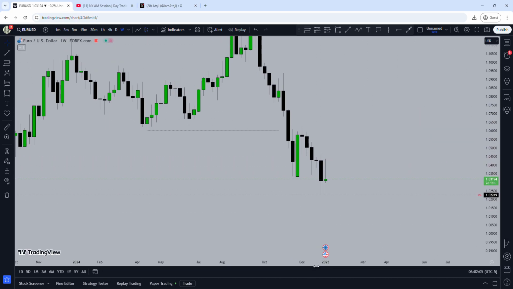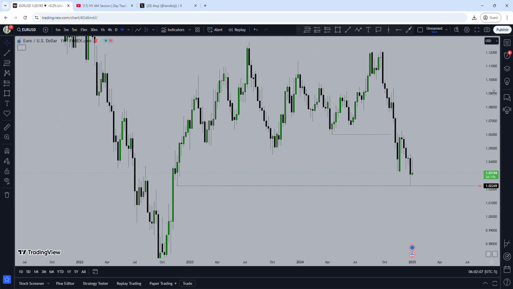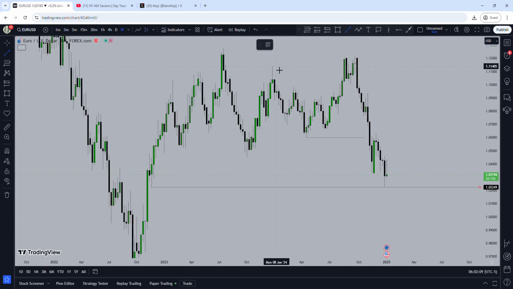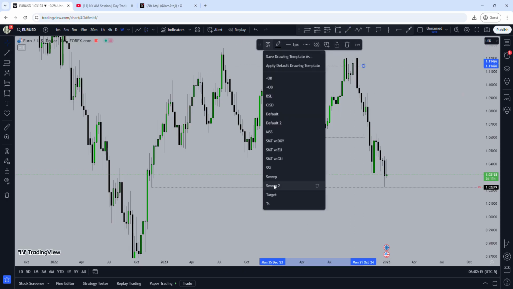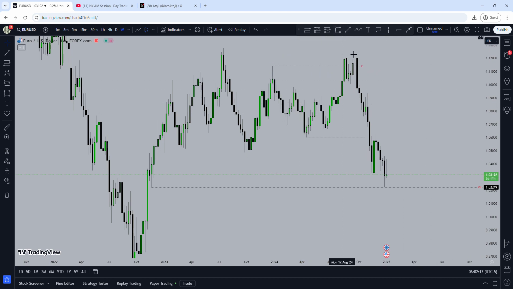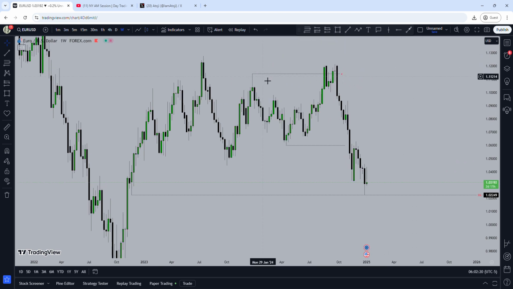On the weekly time frame, what we can see is price taking out this high, making it, what? Price took out this high, making this high a dealing range high.